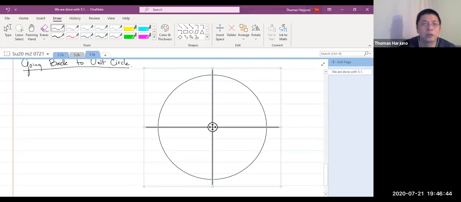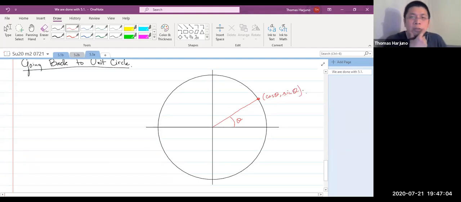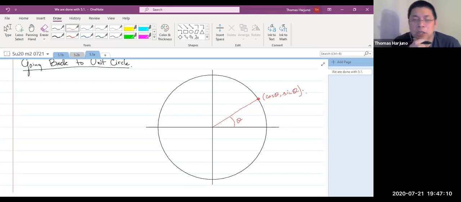Now you remember the angle, let's say this is theta, then the coordinate here will be cosine theta, sine theta. If we know the angle, then the x component of the coordinate is the cosine of that theta, and the y component of that coordinate is the sine theta.